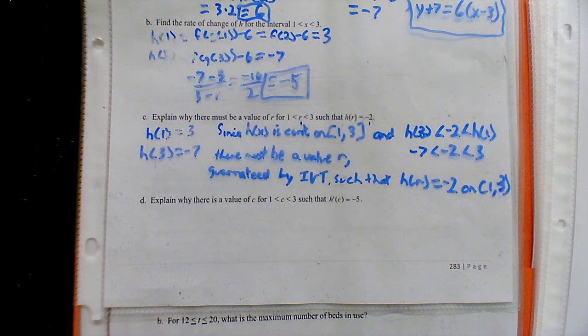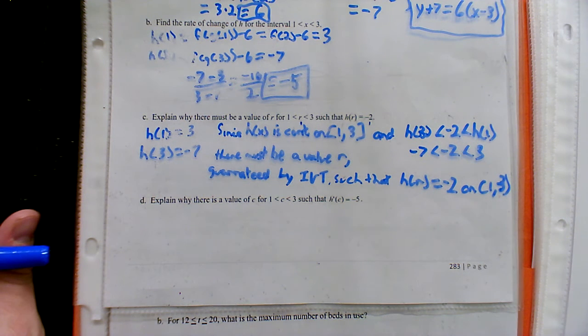Daniel? According to the mean value theorem, since h of x is continuous on the closed interval a, b and differentiable on the open interval a, b, there must be an h prime of c that equals h of b minus h of a over b minus a.